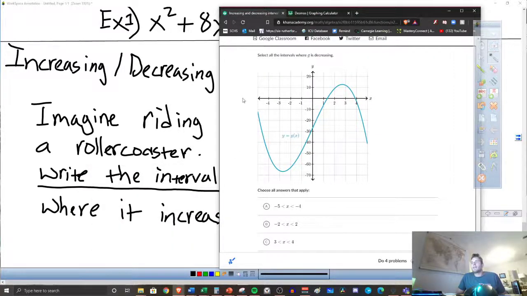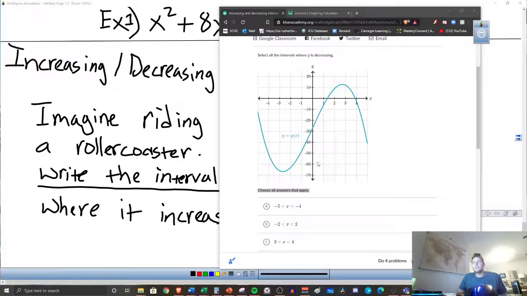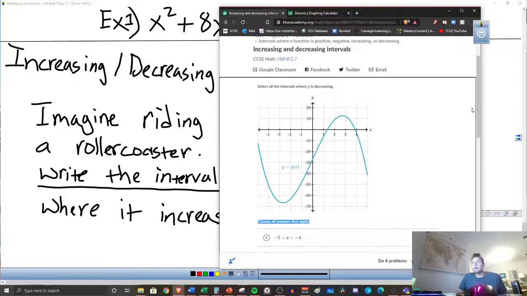It starts way over here, but it goes and it stops about -2.5, right? Then it goes up. So now the roller coaster is increasing. So what is that? From -2.5 to positive, it's about 2.75. It's increasing. Then from there to infinity, it's decreasing always. So that's the idea here. Now let's look at this question. It's saying choose the answer that applies. All right. We want to select all the intervals where it's decreasing.